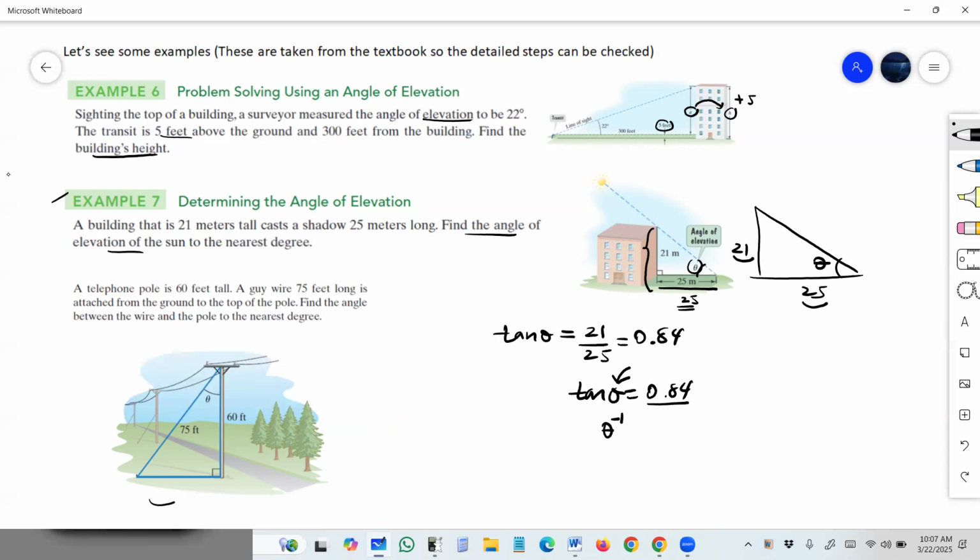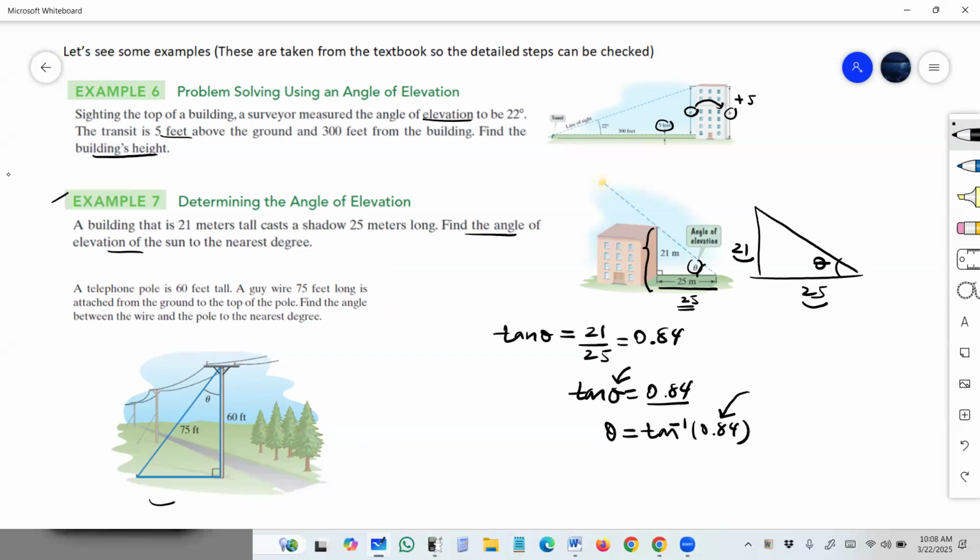So theta equals tangent inverse of 0.84. This doesn't mean that tangent is raised to the power of -1. This just means that we're using the inverse function of tangent to find the angle that produces the value of 0.84.